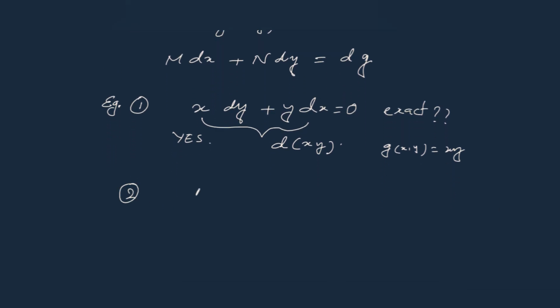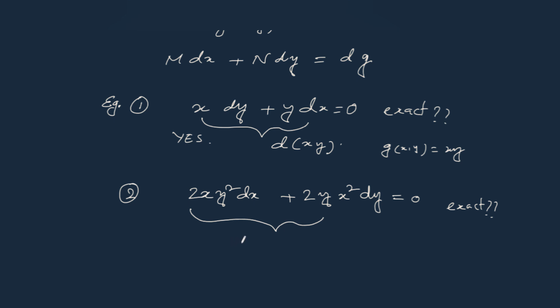Example 2. Suppose 2xy squared dx plus 2yx squared dy equals 0. Is this exact? Answer is yes, because the left hand side can be written as d of x squared y squared.